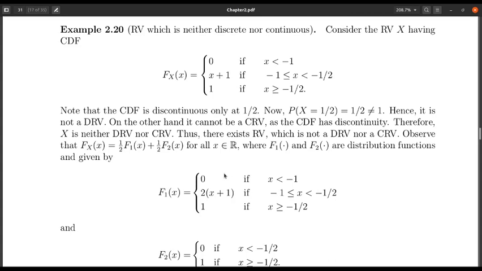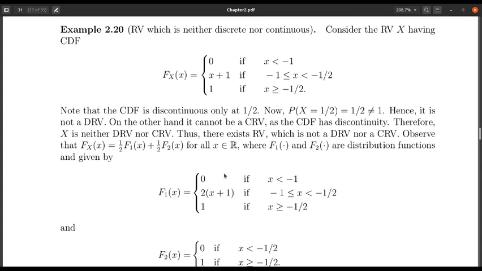Category 1 is discrete random variables, category 2 is continuous random variables. Now the natural question is: can all random variables be divided into only these two categories? This example shows that no, it cannot. There are some random variables which are neither discrete nor continuous.